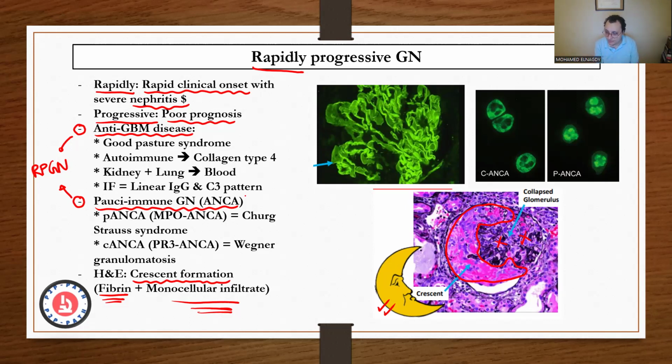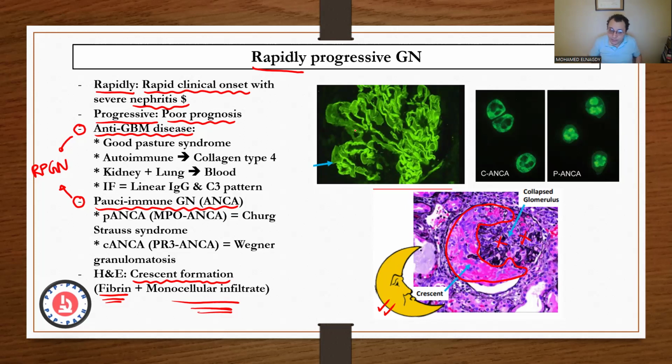Any guess? Because it doesn't light up on immunofluorescence. Based on my knowledge, it doesn't light up on immunofluorescence. You don't have that diffuse linear membrane deposit on immunofluorescence. So that's why they call it pauci-immune glomerulonephritis.